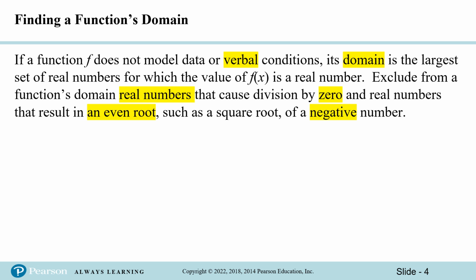All right, finding a function's domain. If a function does not model data or have verbal conditions, its domain is the largest set of real numbers for which the value of f of x is a real number.